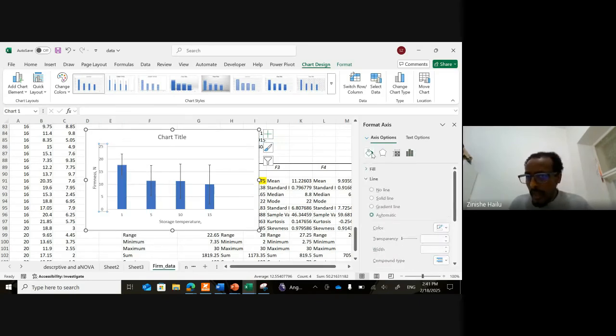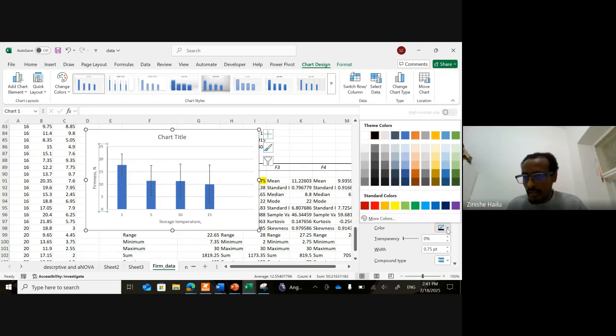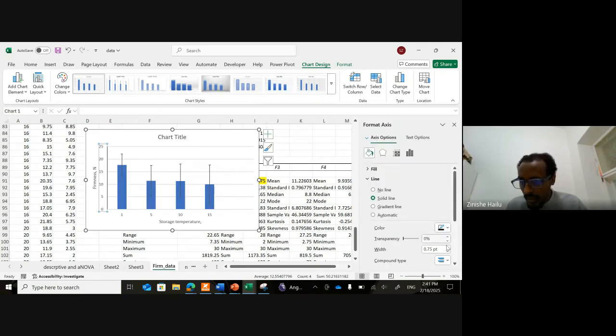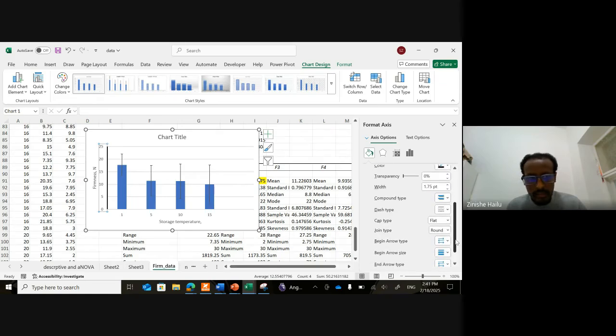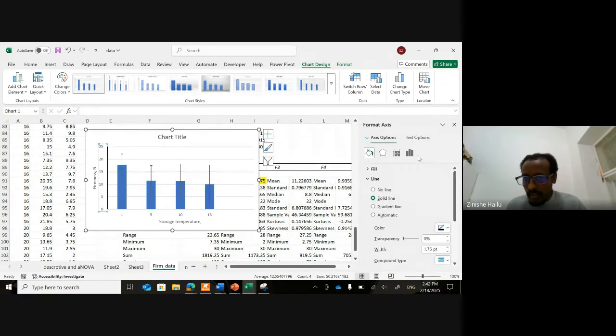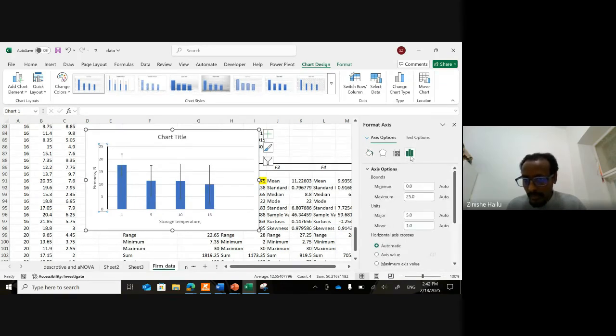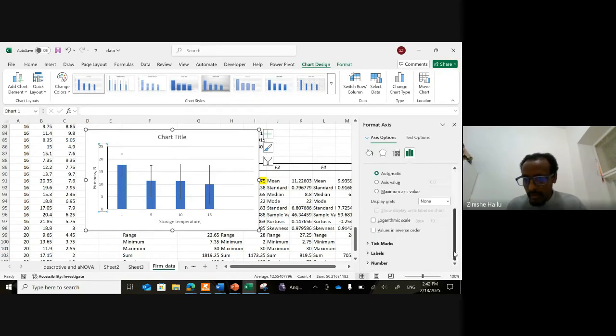I'll select this axis, and I will choose solid line here, with a width of like 1 point. And I will use the tick mark for outside for major.